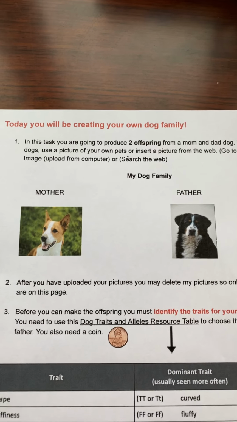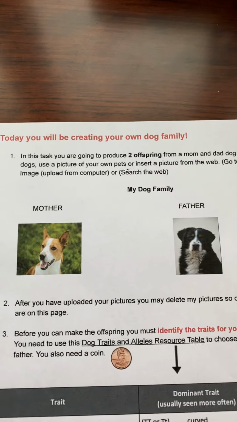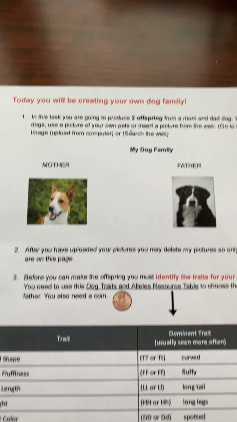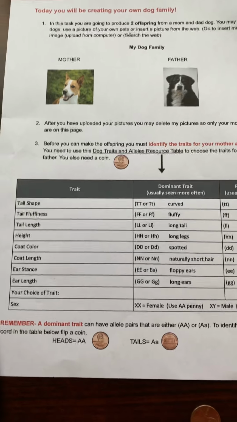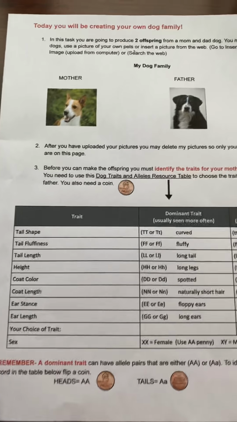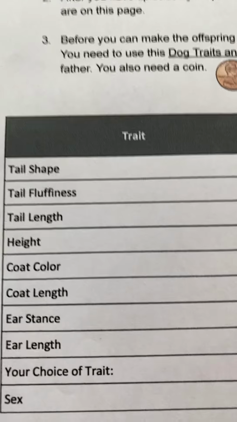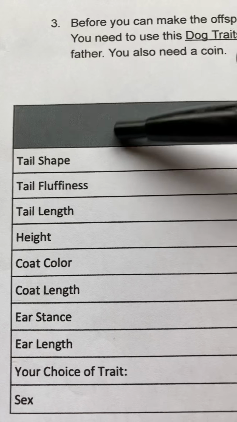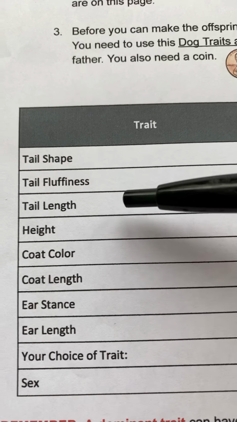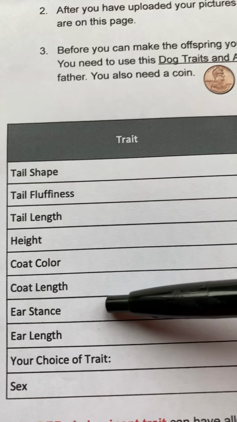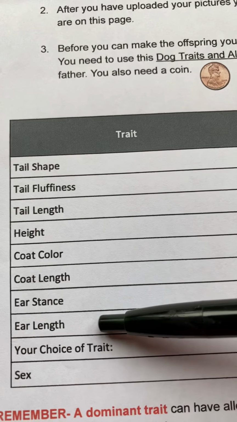After you select your mother and father, you have to decide what types of traits the mother and father will have. To do that, you're going to use this chart that lists all the possible traits for mom and dad. For a dog, you could have a tail shape, the fluffiness, the length, the height of the dog, the color of the coat, the length of the coat fur, how the ears are positioned, and their length.